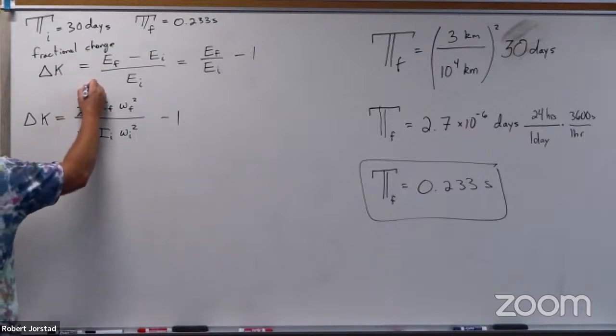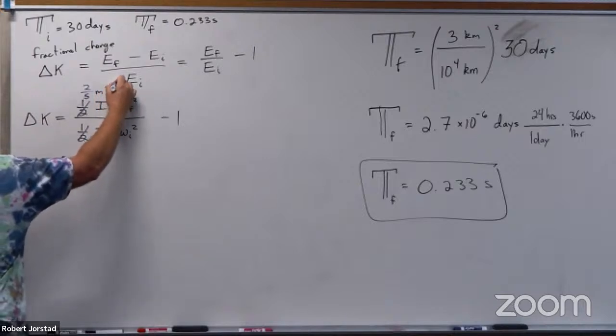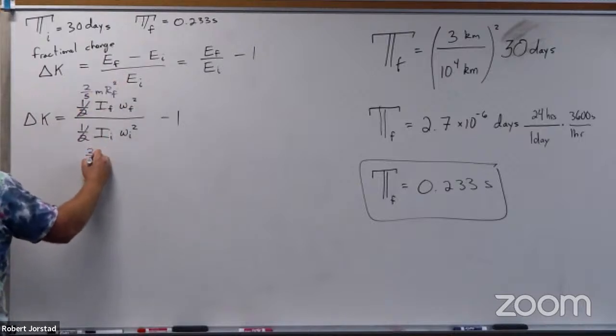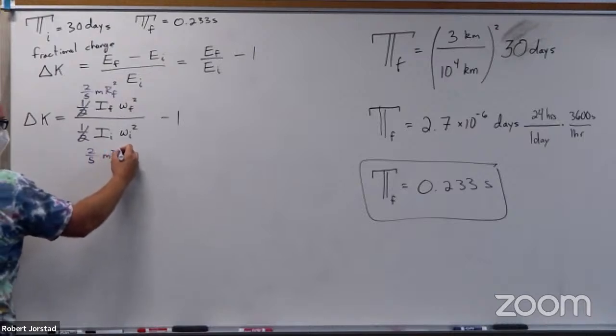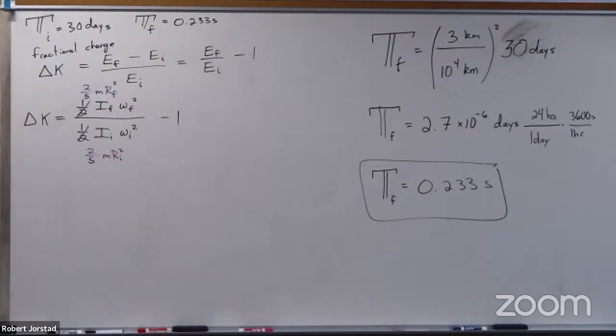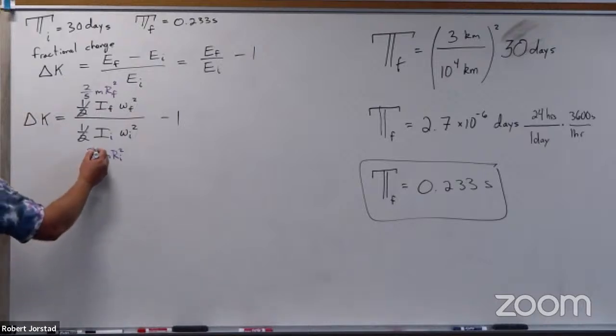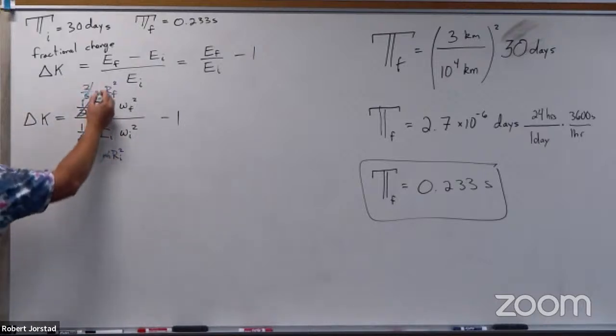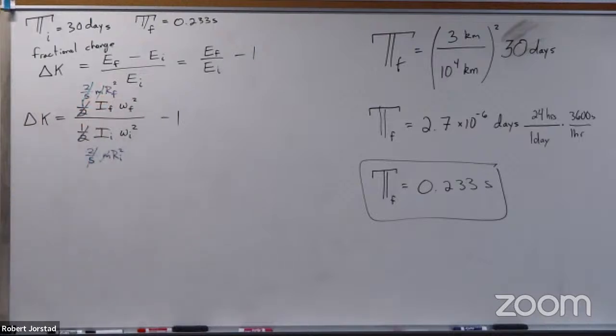Remember, this is going to be 2/5 mR final squared. This is going to be 2/5 mR initial squared. Notice the 2/5 and the mass also drop out. Not the radius in this version.